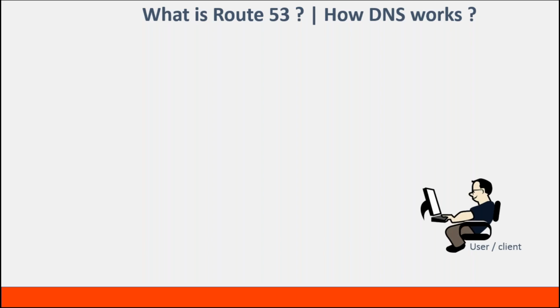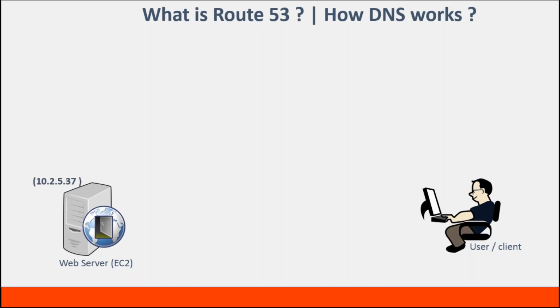I have a client who wants to access the web services through the website name or a domain name, and the website is already hosted in the EC2 instance, and the web services are being served by the Apache HTTPD web server software, and it has its own IP address.